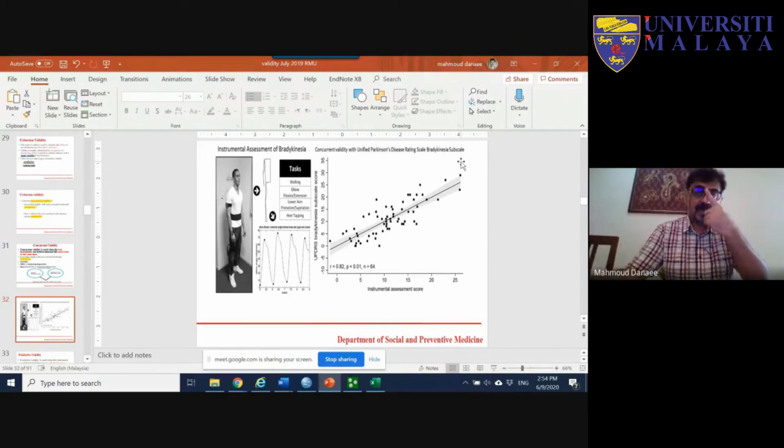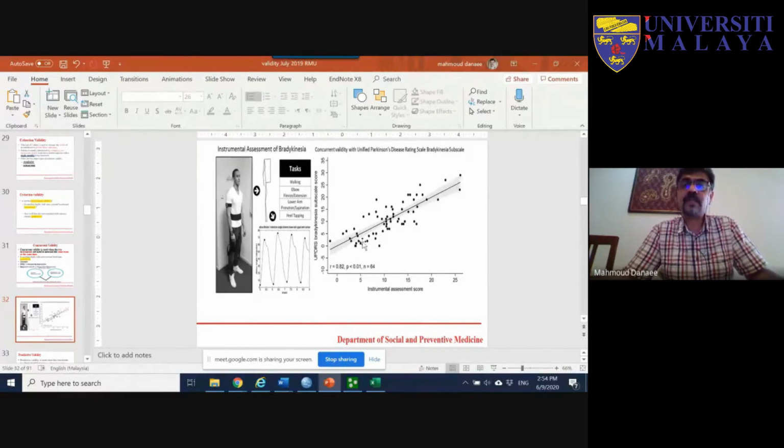Correct? As you can see here, this is another example. There are two scoring systems, and both were designed to assess bradykinesia. This one is based on tasks, and this one is based on some measurement, probably electrical.